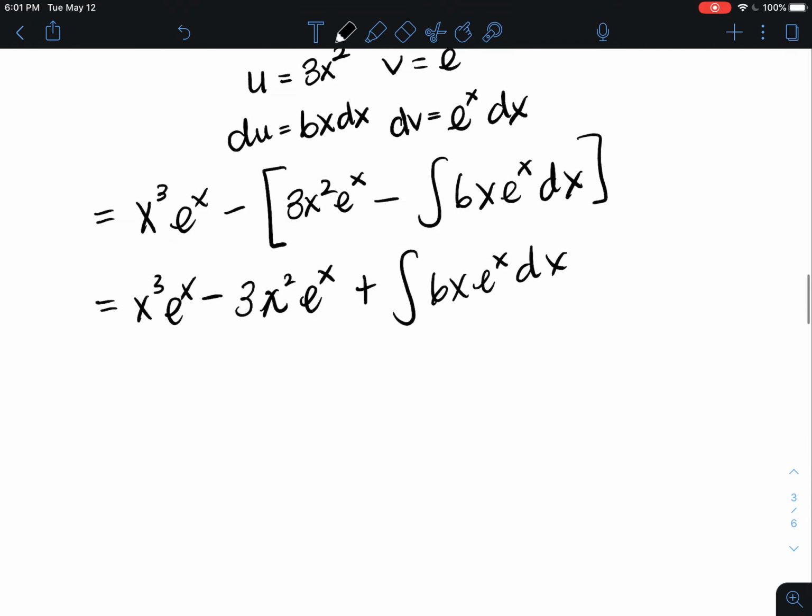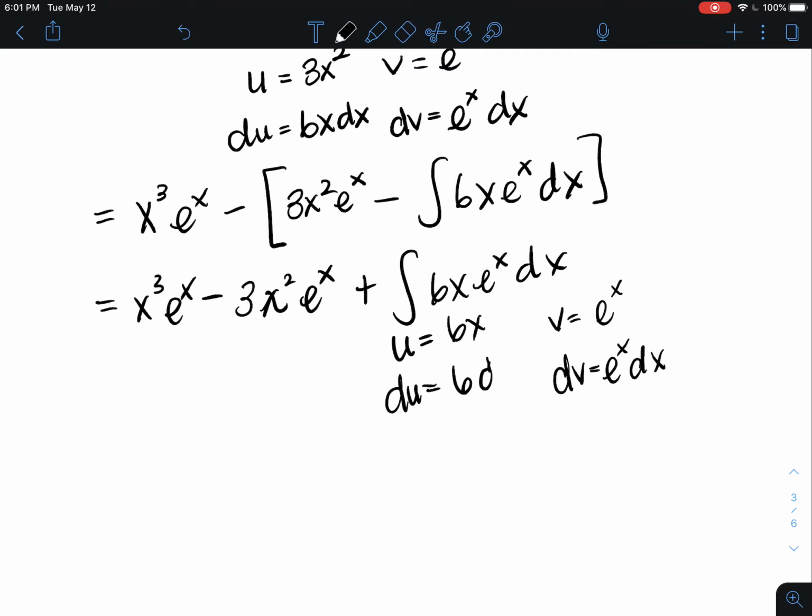And I have to do it again. Okay, so then I have u equals, du equals, v equals, dv equals. Again, e to the x dx is dv, and v is e to the x. U is going to be 6x, and the derivative is 6 dx.